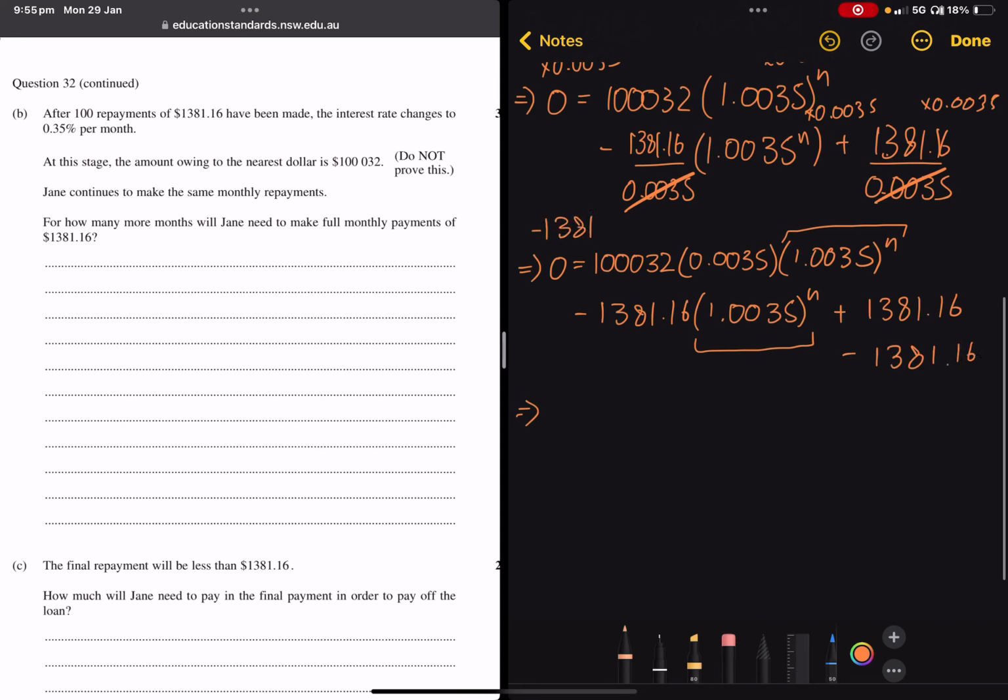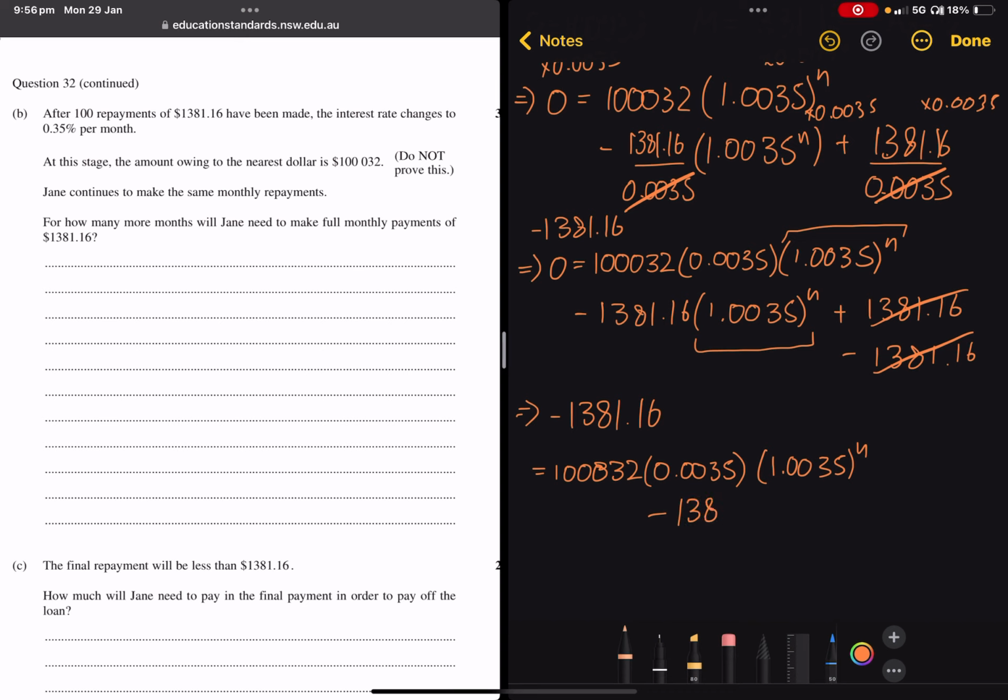That's 1381.16. This looks really complicated. This is actually not particularly complicated. It's just algebra. It's just algebra with numbers which contain decimals, and that gives it the illusion of being more complicated. So minus 1381.16 is equal to 100,032 times 0.0035 times 1.0035 to the power of n minus 1381.16 times 1.0035 to the power of n.